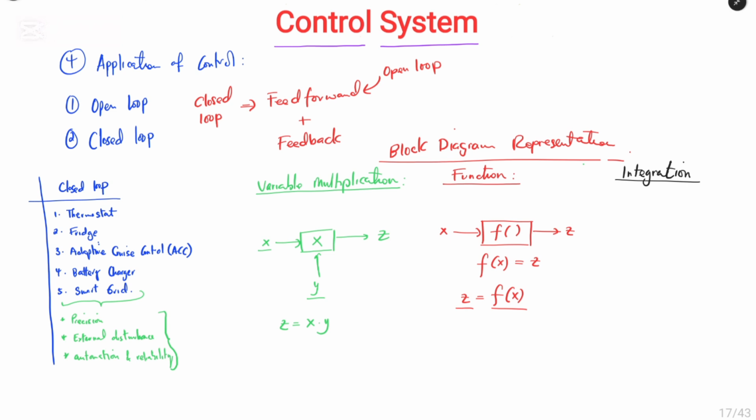Integration is a function. Imagine we have a block diagram which represents the integrator. We have z as the output of this function and x as the input. Now we can say z equals the integration of x dt.